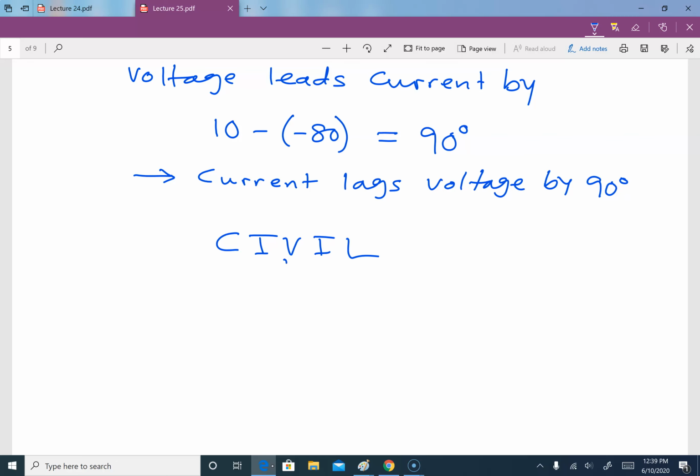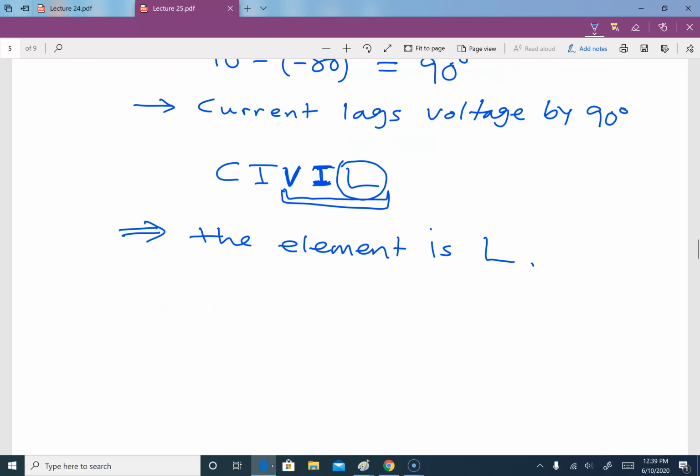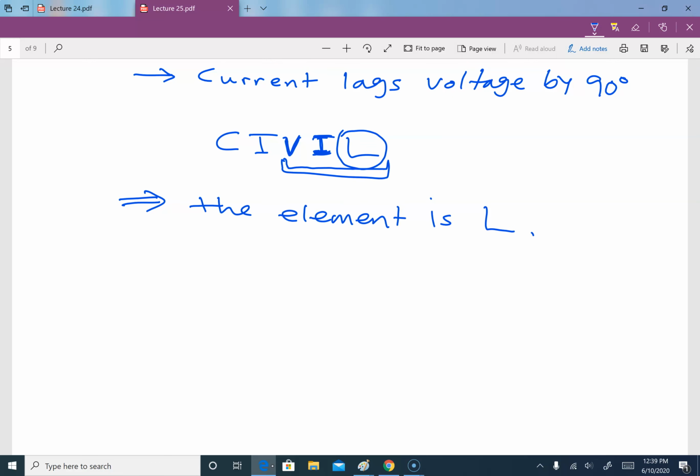Since the current is lagging, the current here came after the V, and that is by 90 degrees, then that is inductance. So the element is L.